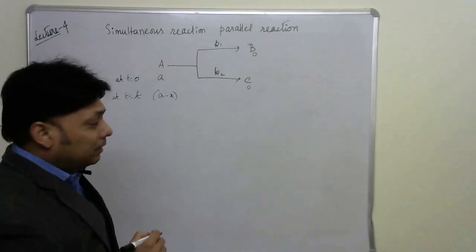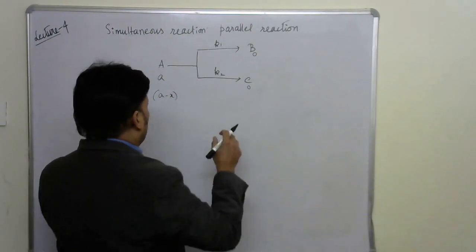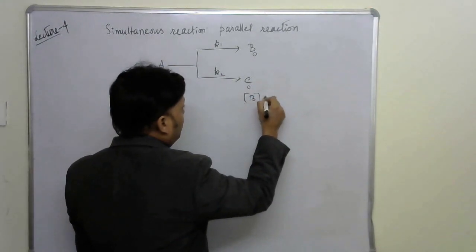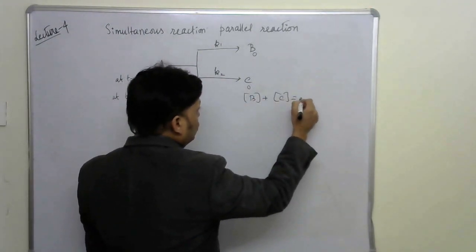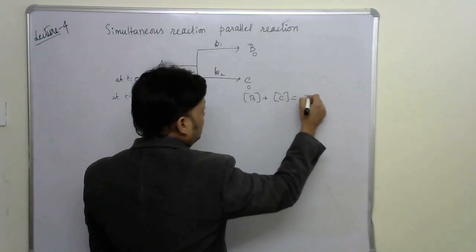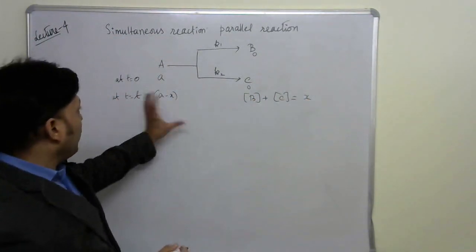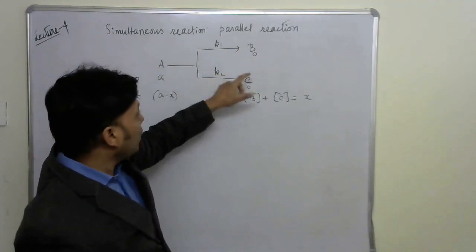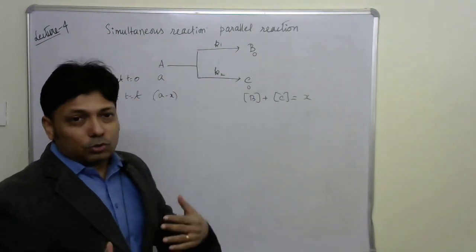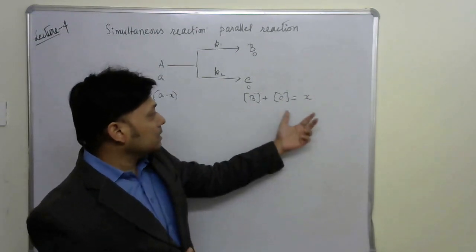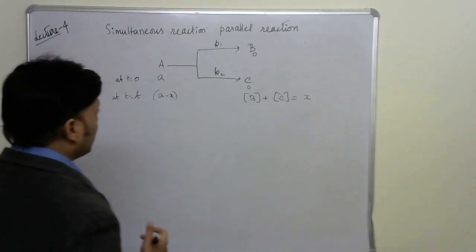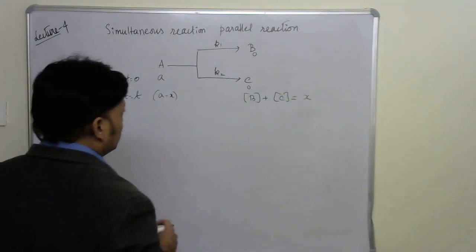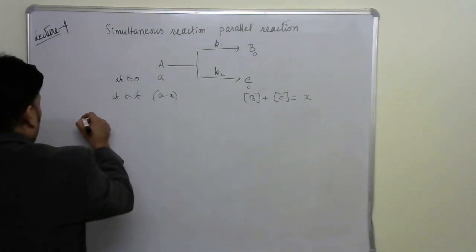But here is the catch: at time t, the total concentration of B plus C is equal to x, because whatever x is getting formed, it is distributed into B and C. So it's not like B and C are individually x. The summation of B and C is equal to x.